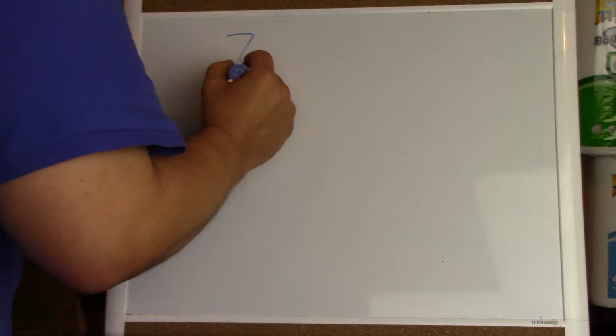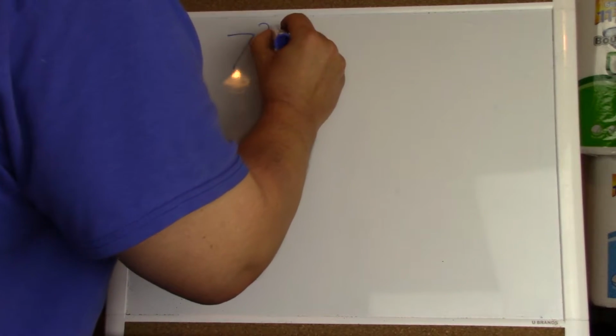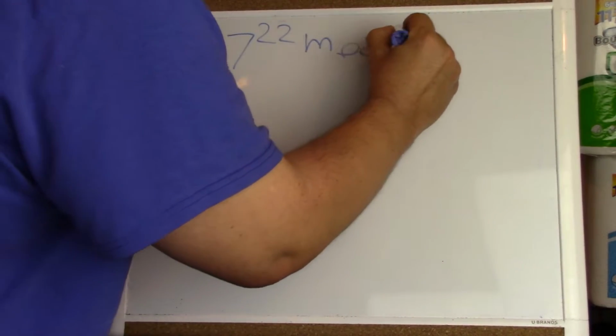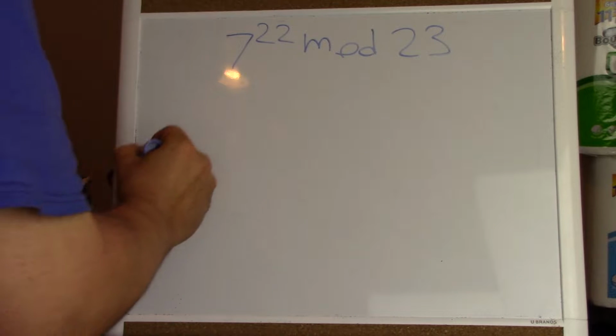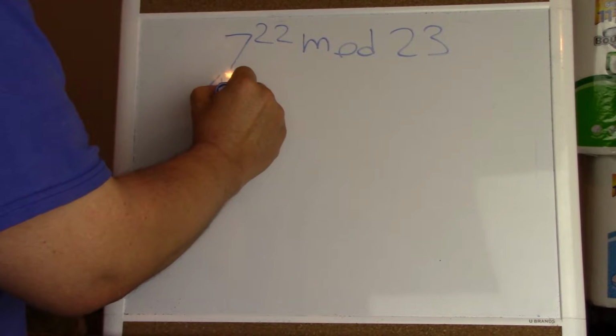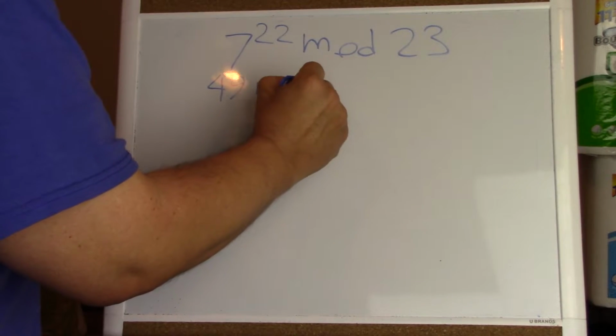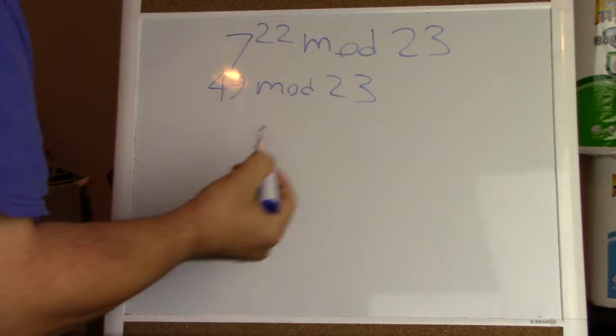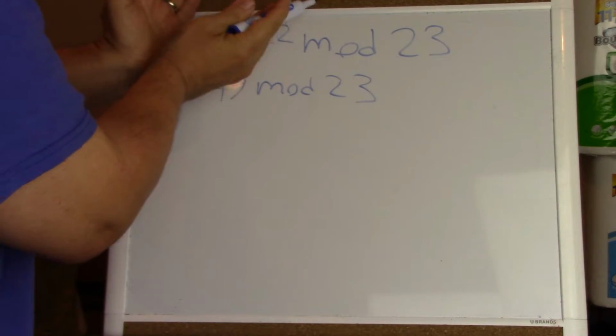Just adjusting the camera. 7 to the 22 mod 23. So 49 mod 23. And by the way, you can do any power of 7.